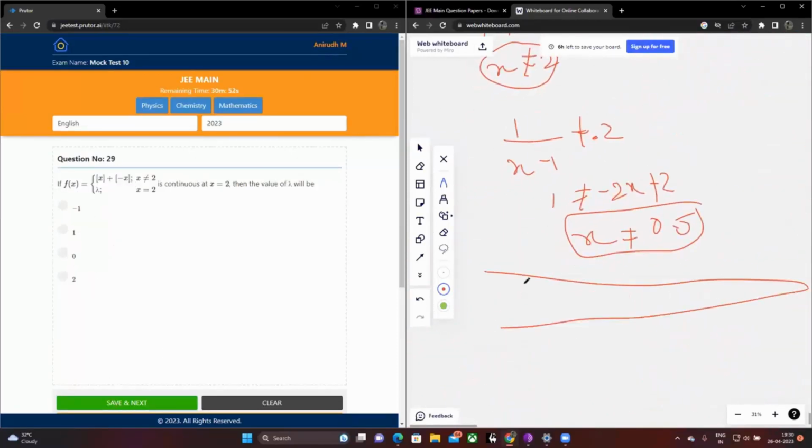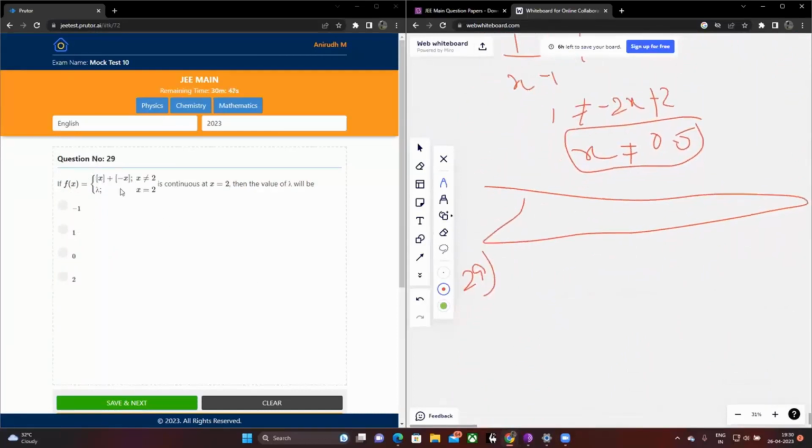Question number 29, where you have box x plus box of minus x is continuous at x equals 2, right? So for this, you can just take the values 1.9 and 2.1 and then check the continuity, because this box function does not depend on what decimal you take. 1.99 is same as 1.9, 2.0001 is same as 2.1.